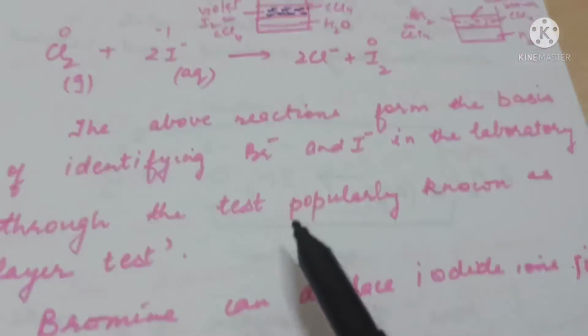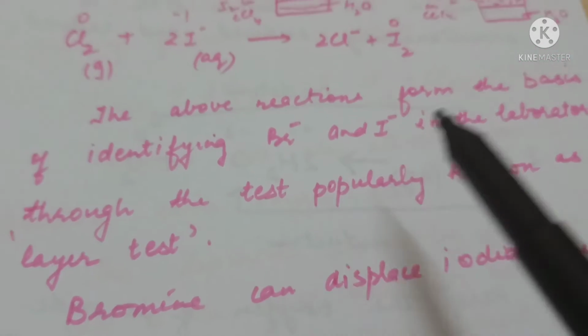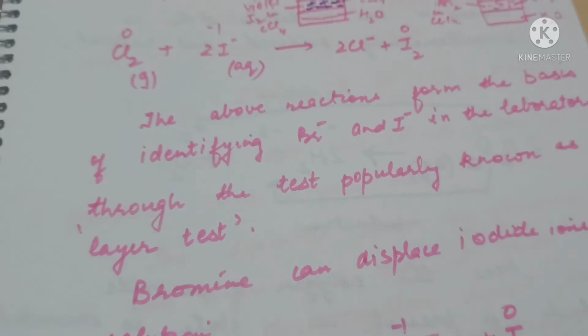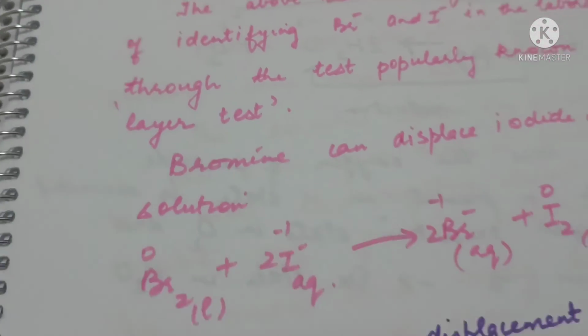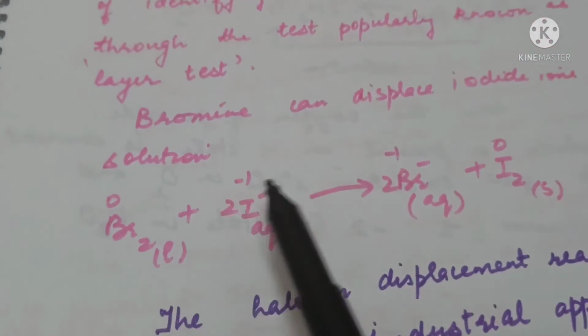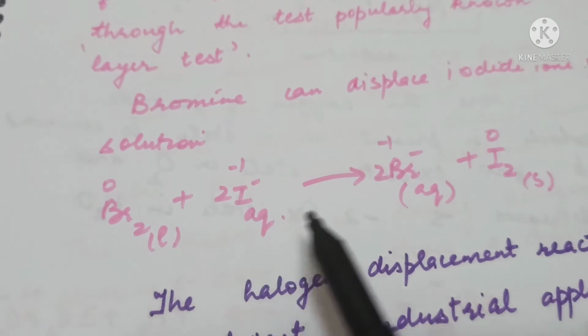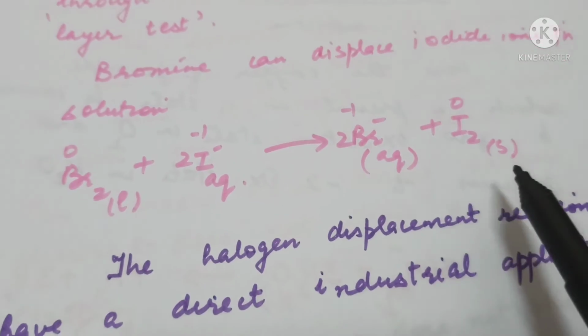So this test is known as the layer test, and it's used for identifying bromide ions and iodide ions in the laboratory. Bromine can displace iodide ions also because it's more reactive than iodide. So bromine plus iodide will form bromide ions and iodine.